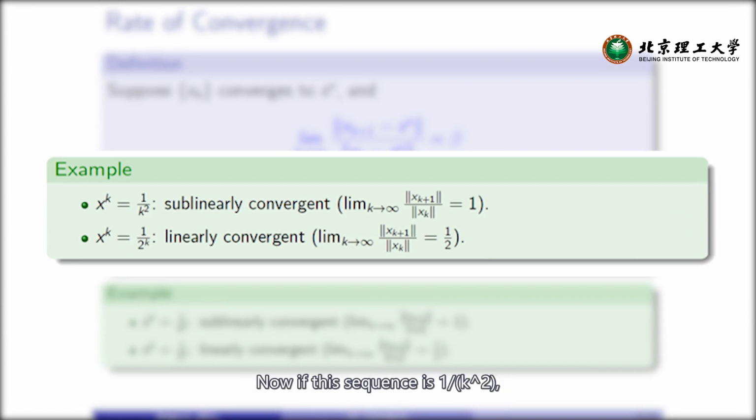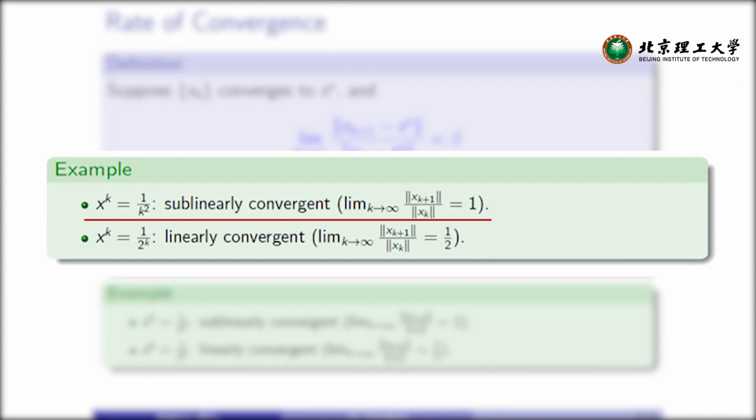If the sequence is 1 over k squared, then we do the calculation and take the limit, and we get the limit is 1. So in this case, it is sublinearly convergent.